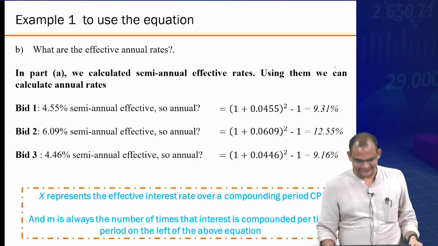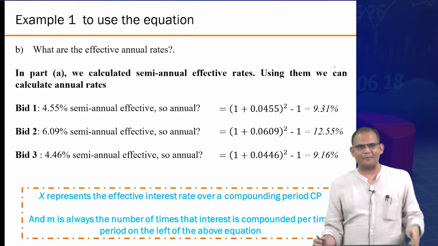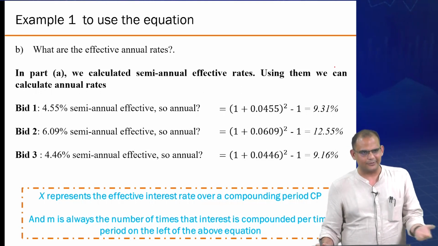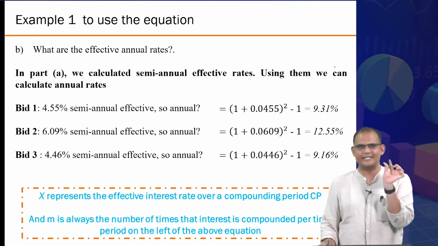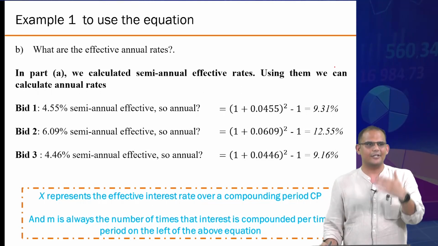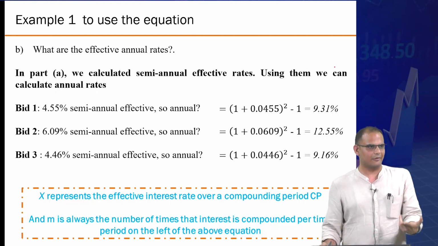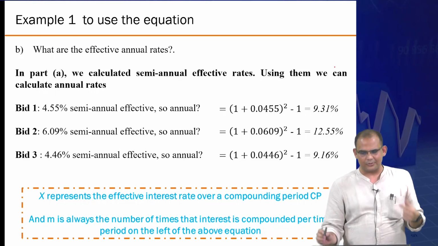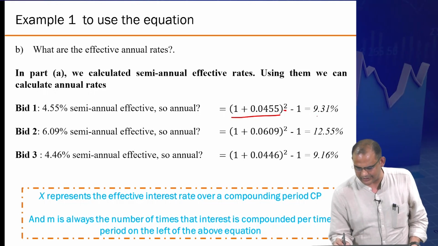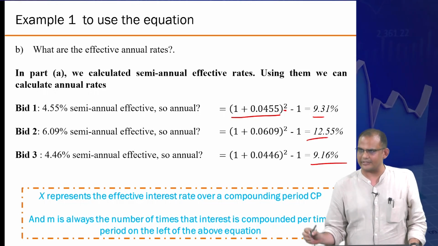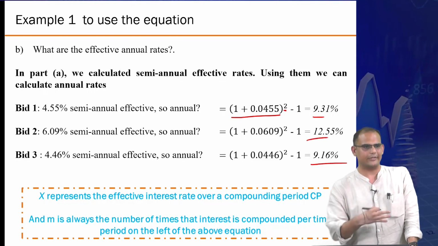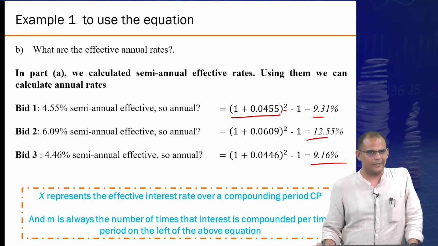Yes, you are wrong. But the idea is simply that here the time period becomes 2. Your semi-annual rate is already on a CP. CP becomes 6 months. Your target T is 1 year. So M equals 2. All you need to do is put this into the equation and you will get an effective annual interest rate for each of these values that you have done.